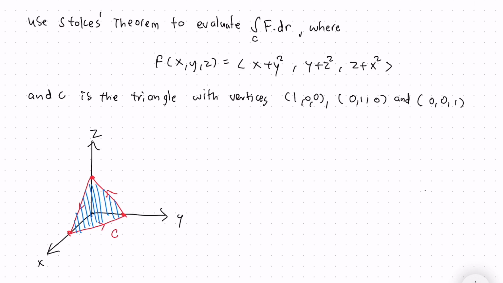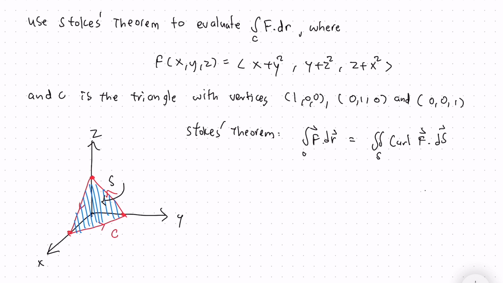So why not just take the portion of the plane that is bounded by this path, which we call S. Remember that Stokes theorem says we can compute the work done by this vector field around the path C by taking a double integral over the surface of the curl of this vector field dotted with dS.